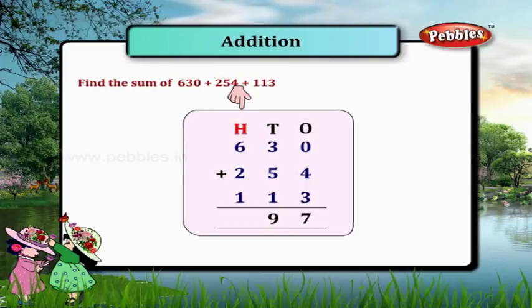Add the hundreds. 6 plus 2 plus 1 equal to 9. So 630 plus 254 plus 113 is equal to 997.